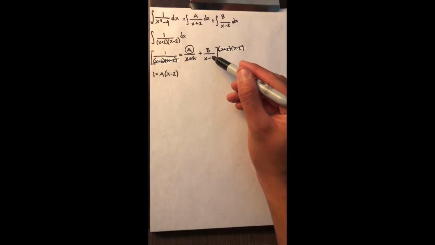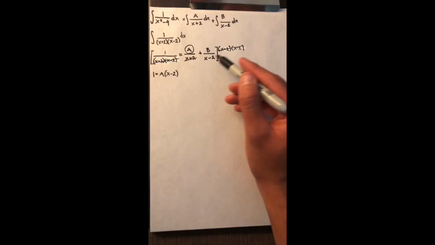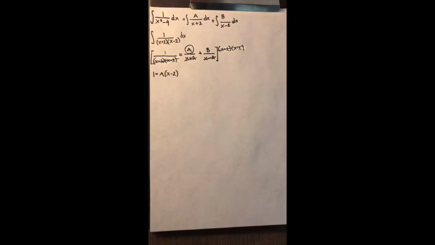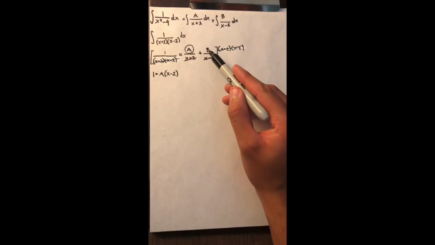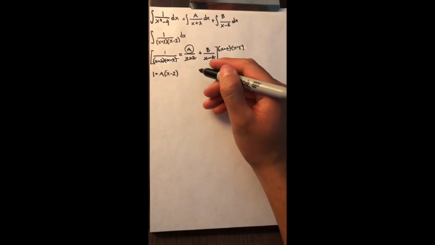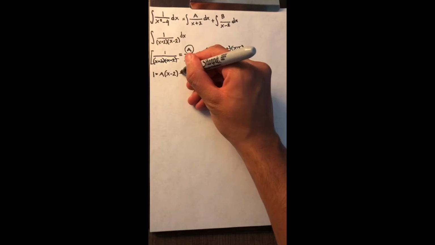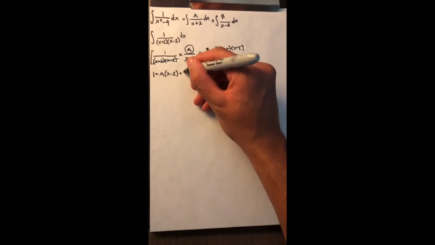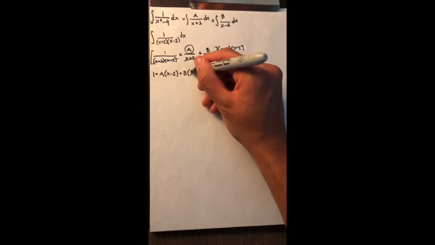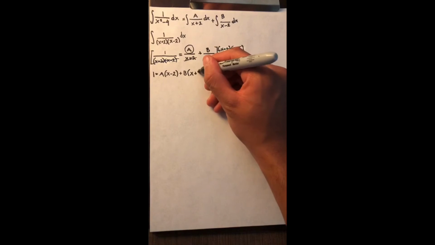As well, if we take this fraction, this is going to be cancelled with this one. We're left with b times x plus 2. And this is going to be written down like this: plus b times x plus 2.